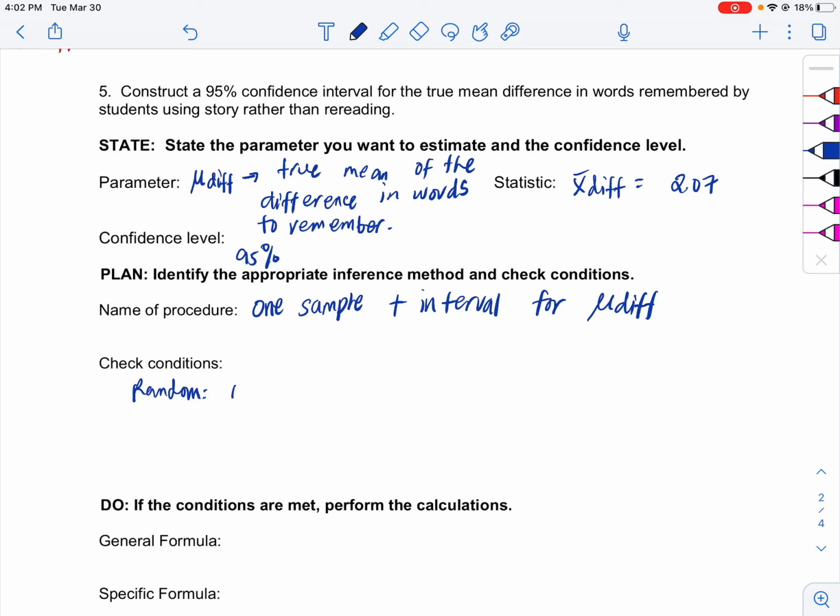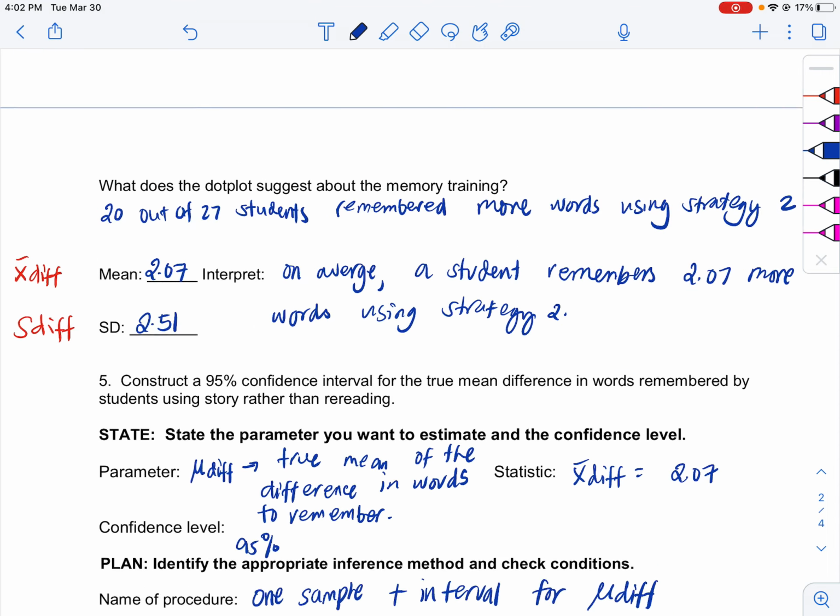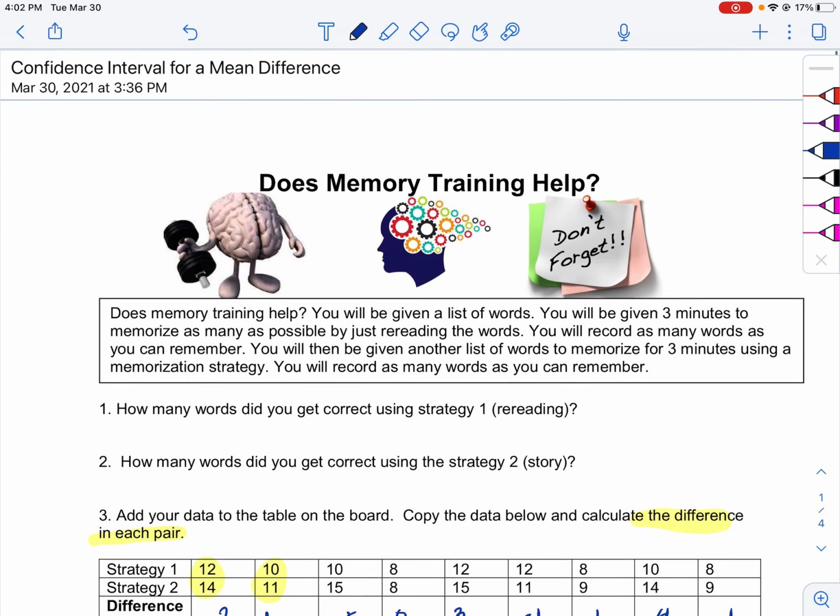This one is order of treatments is randomized. This is so that we can show causation. And how do we know it was randomly assigned? Let's go back.